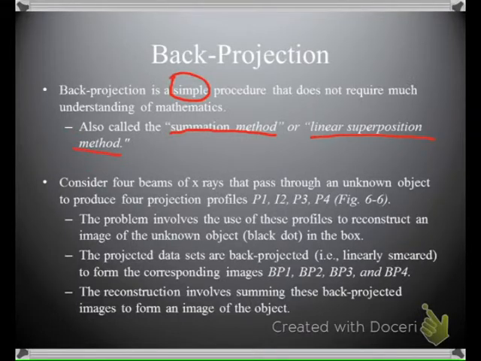The way the book defines it is, if you consider 4 beams of X-rays that pass through an unknown object to produce 4 projection profiles, you have P1, P2, P3, P4. These are going to be back projected to form a corresponding image. What you're going to see is a result of back projecting these profiles onto a matrix.